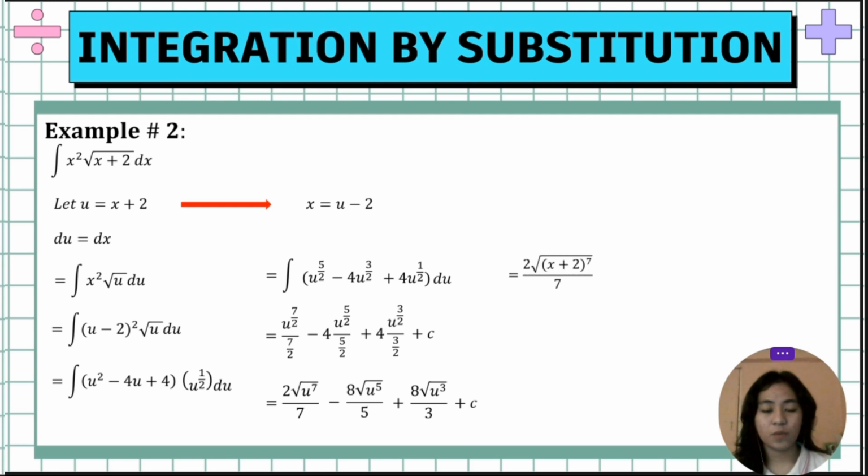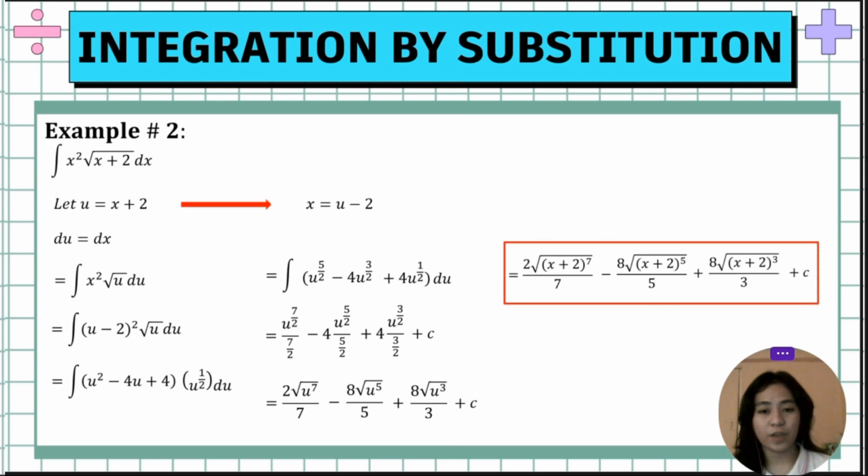Finally, we substitute x plus 2, which is our u, to the equation. And this is our final answer.